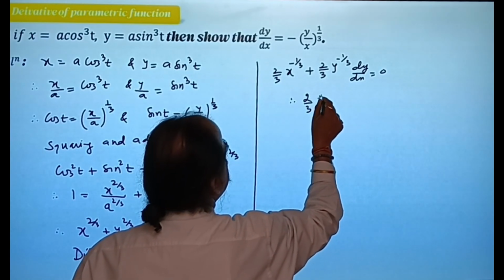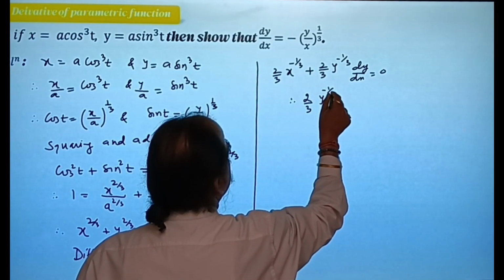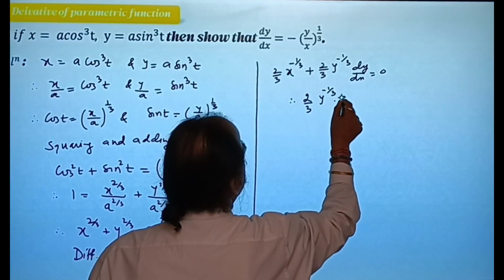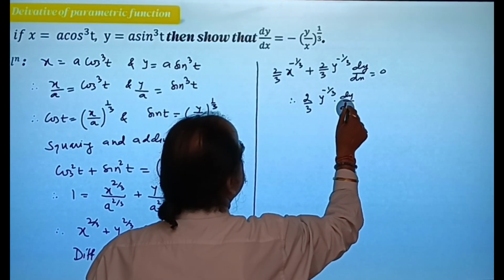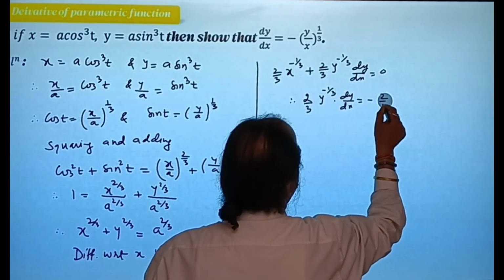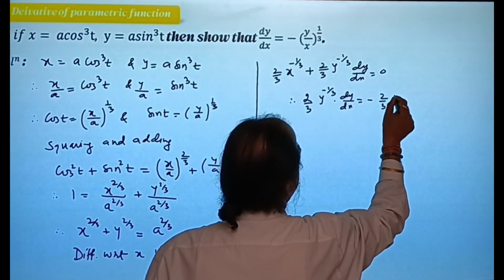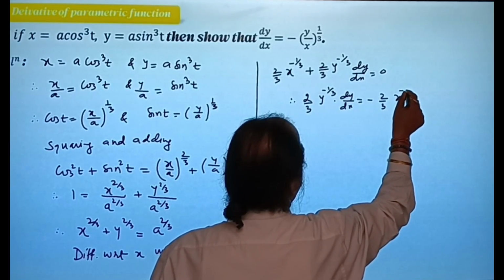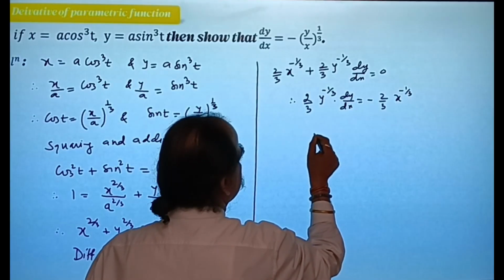So 2 by 3 y raised to minus 1 by 3 dy by dx is equal to minus 2 by 3 x raised to minus 1 by 3.